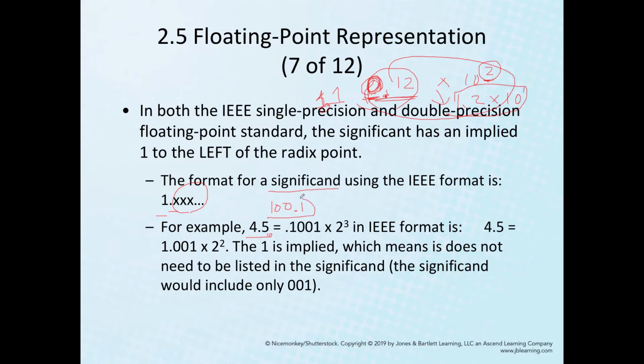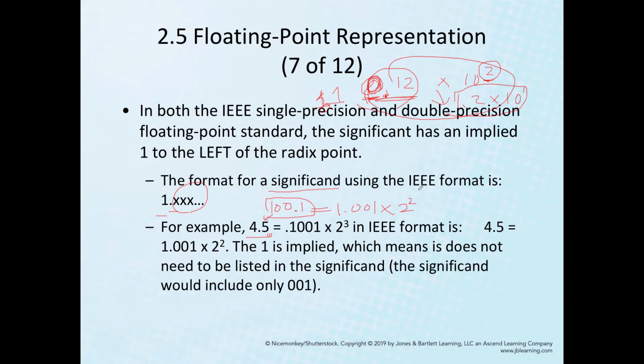So this is the binary representation of 4.5, but we need to normalize it so that we have only 1 point something. So we change this to 1.001, then we need to multiply by a power of 2, since we moved the point two places.